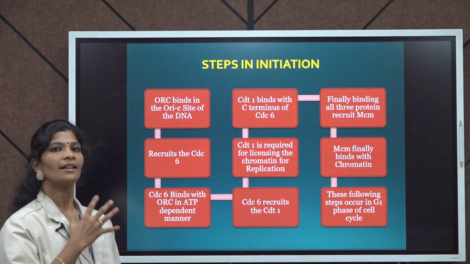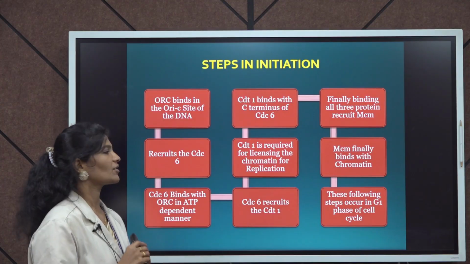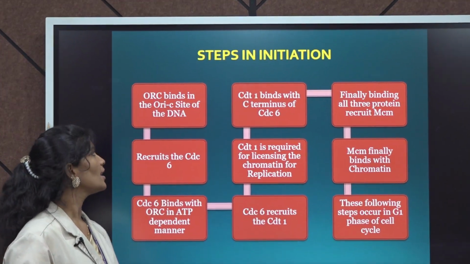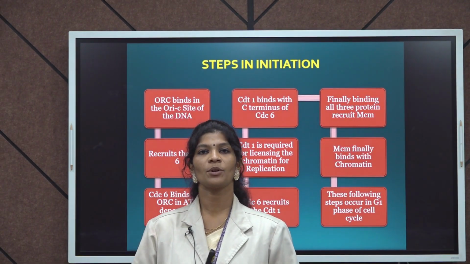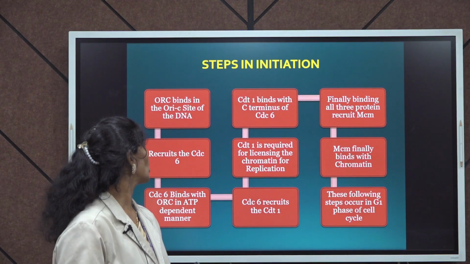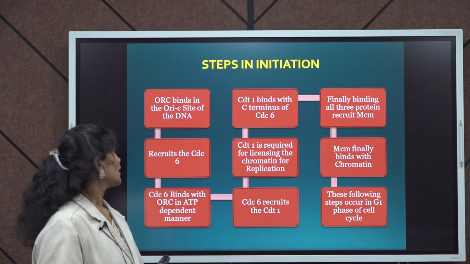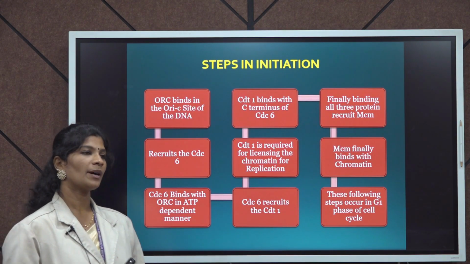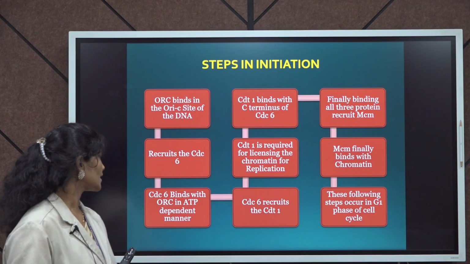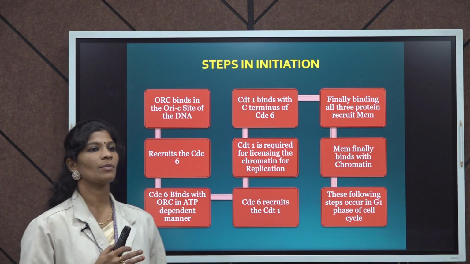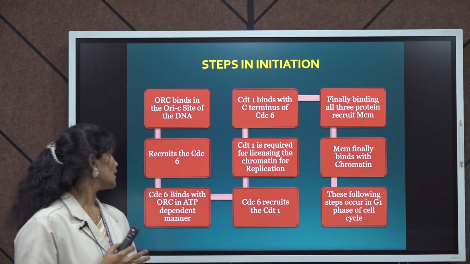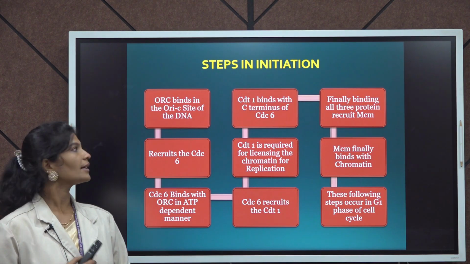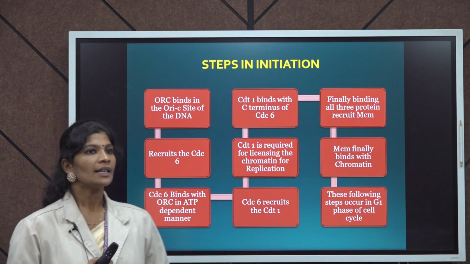And this is the chart which describes the steps involved in initiation. As we discussed before, all the enzyme complexes will assemble at the ORI site of the DNA. Once they bind, they recruit CDC6. Once CDC6 binds with the ORI site in an ATP dependent manner, it recruits CDT1.